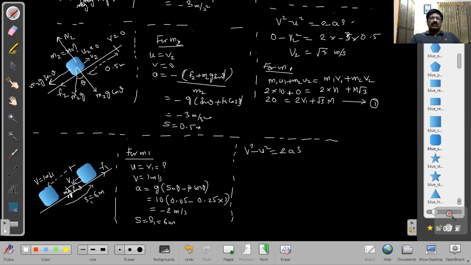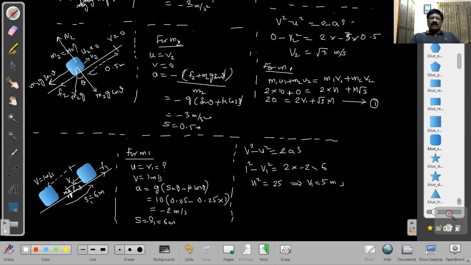Here v square means 1 square, u square means v1 square, equal to 2 times a, which is minus 2, times s, which is 6. Therefore v1 square is equal to 1 minus minus 24, so 25. Therefore v1 is equal to 5 meter per second.